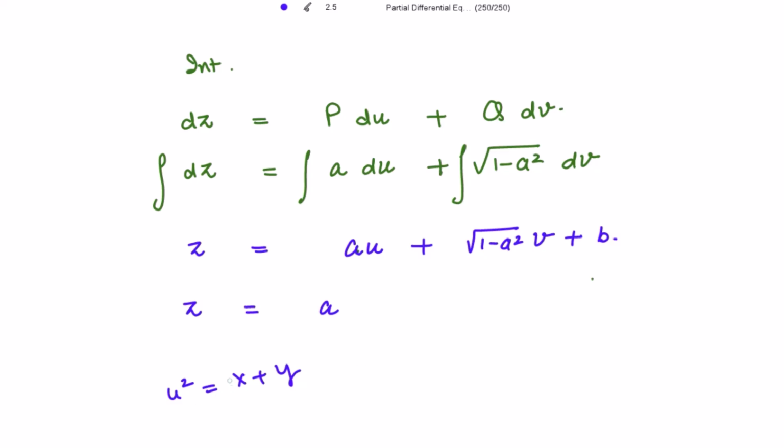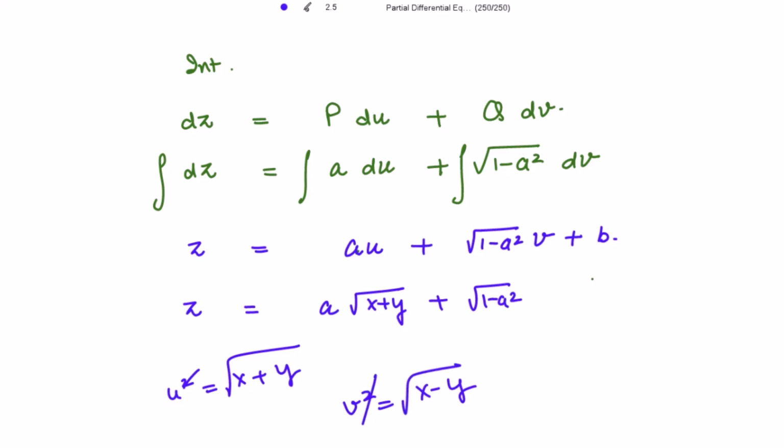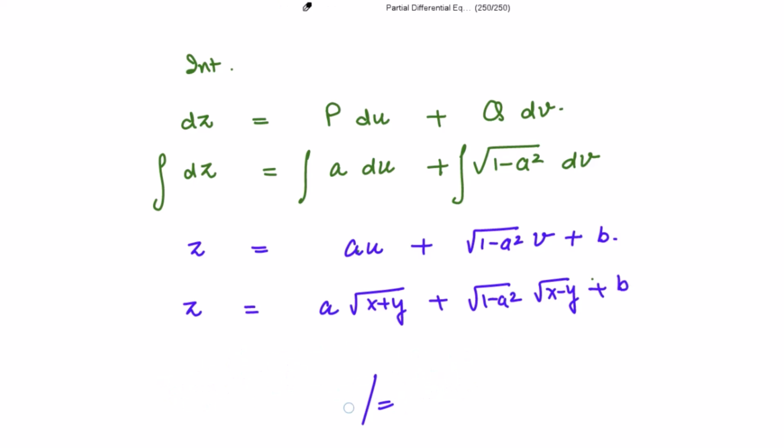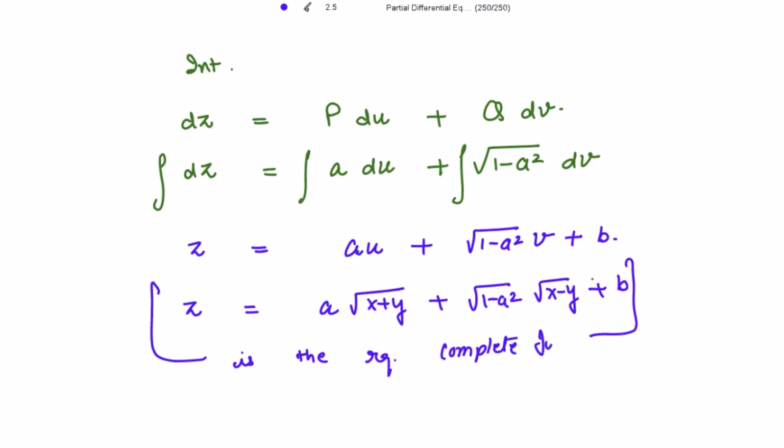So what is u? It is the square root of x plus y, right? Plus the square root of 1 minus a square. What is v? We have considered v square to be equal to x minus y. So v is the square root of x minus y, plus the constant b. So this is the required complete integral.